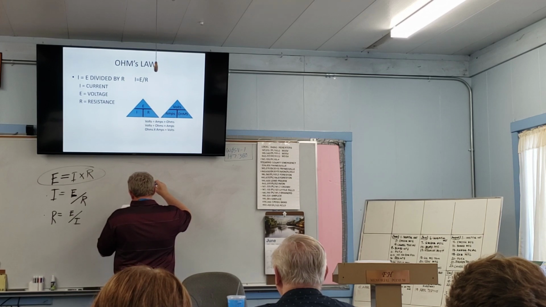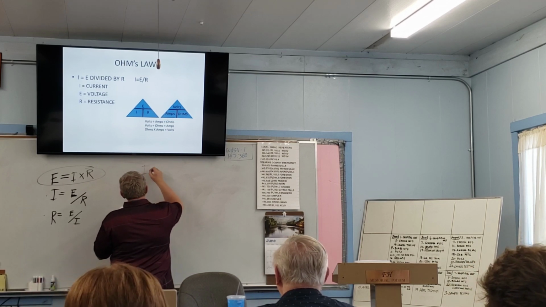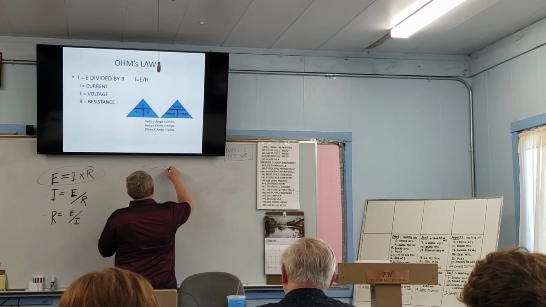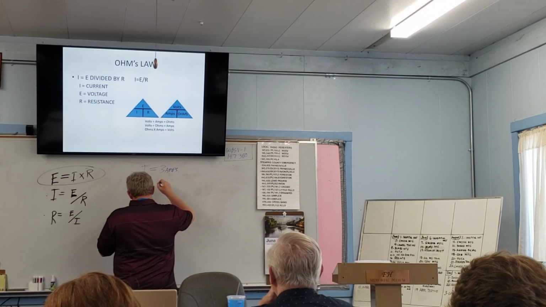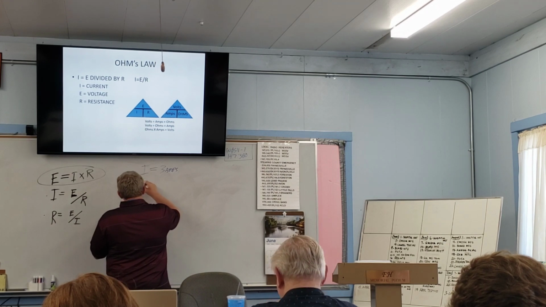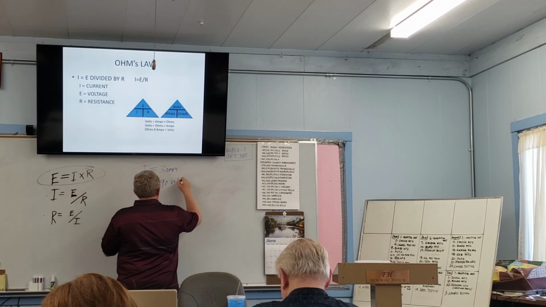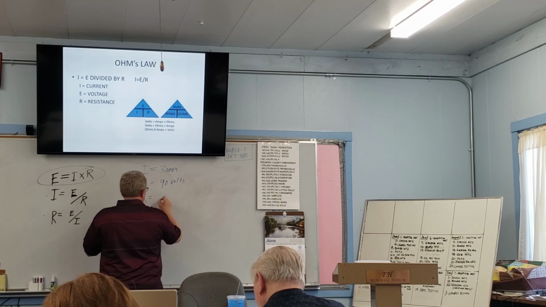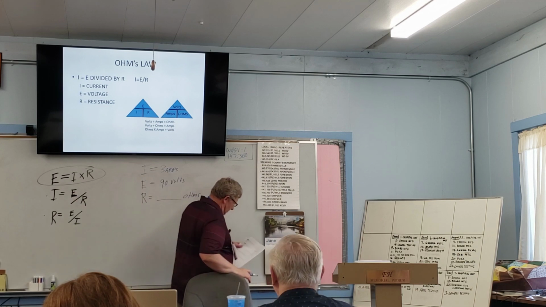Okay, so we've got current, which is I, and that equals 3 amperes. And we've got voltage, which is E, is 90 volts. So our resistance equals how many ohms?